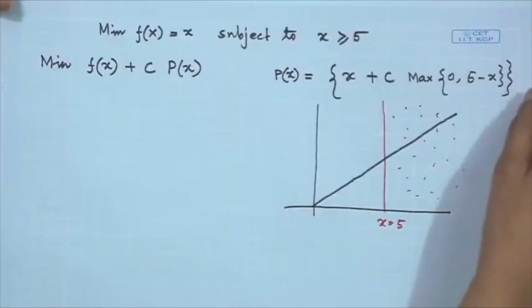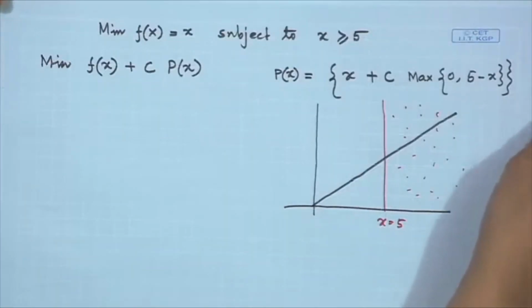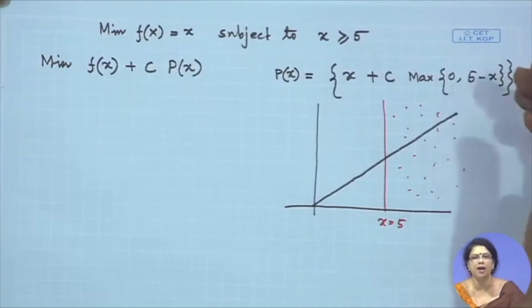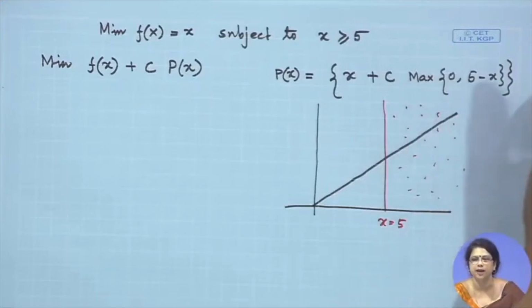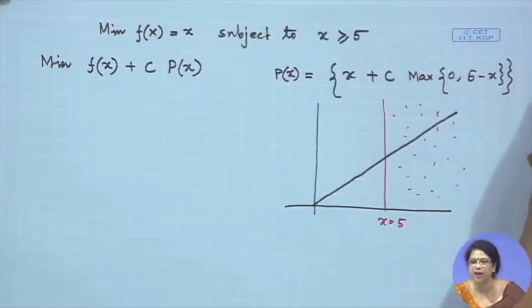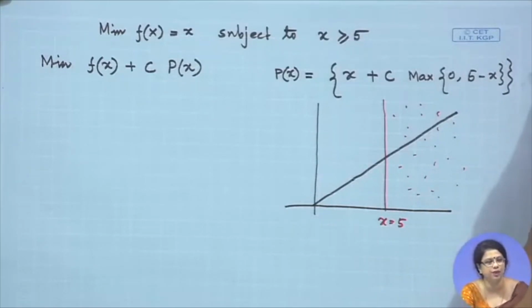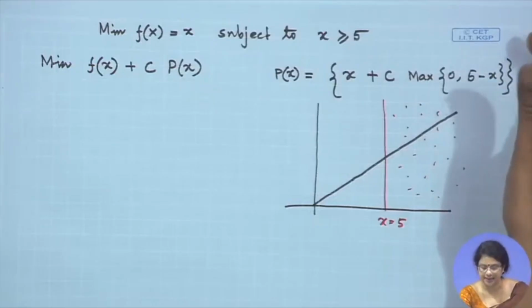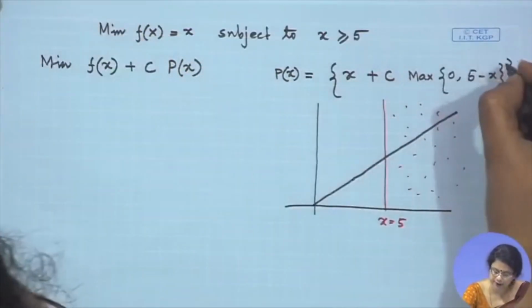That is why, if we consider this penalty function, it is non-zero if we are out of the feasible space, and the penalty value is 0 if we are within the feasible space. That is why the penalty value is 5 minus x. Now, you change the penalty function.